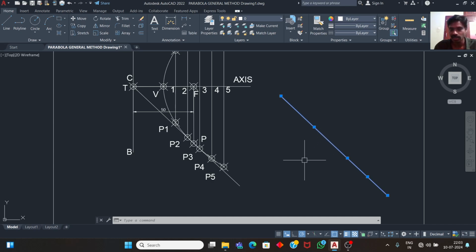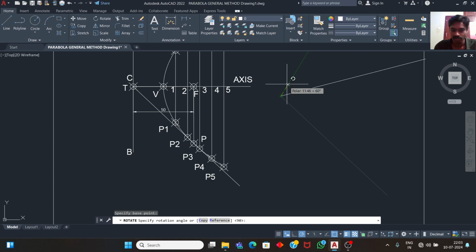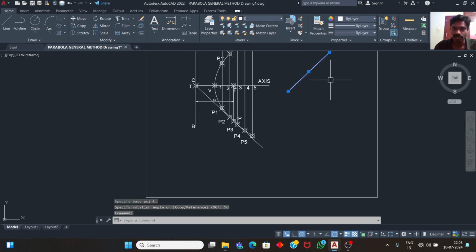Rotate this line into 90 degrees. So I'm entering the rotate command, select, specify base point, click anywhere and enter 90. This line is rotated by 90 degrees.